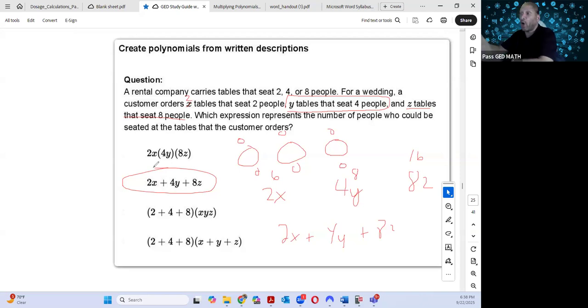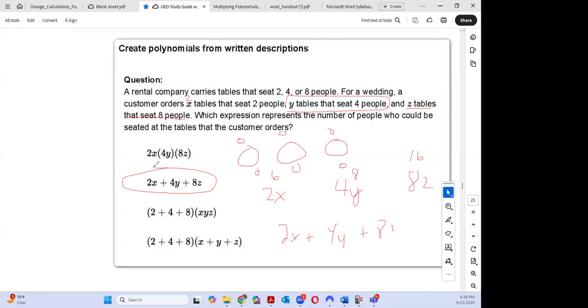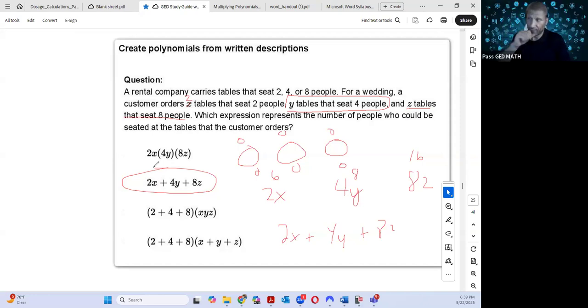I said, if I got 3 tables that sit 2, that's 6. That's multiplication. So 2x, 4y, 8z. I now know what to do to get the number of people that sit at each table. But what do I need to do to all those numbers? I need to add them up.